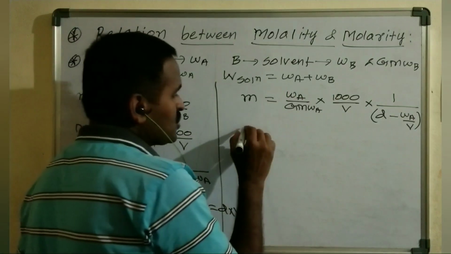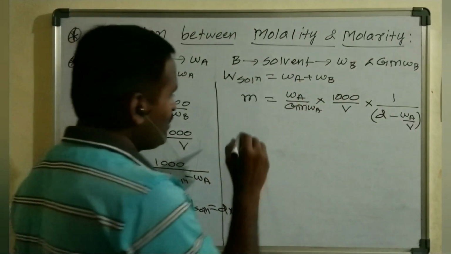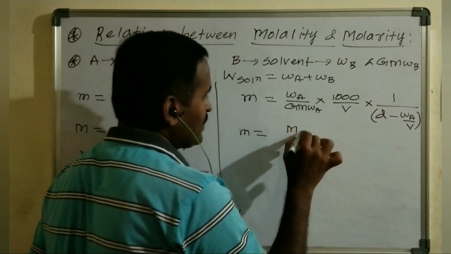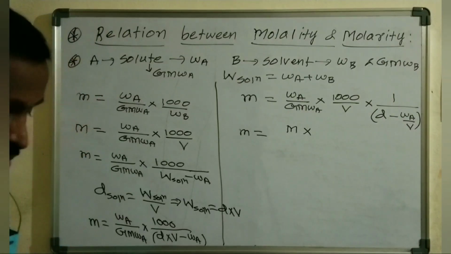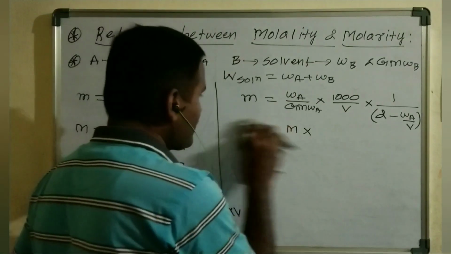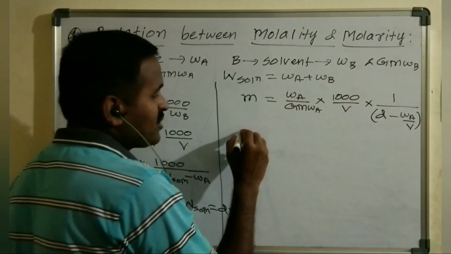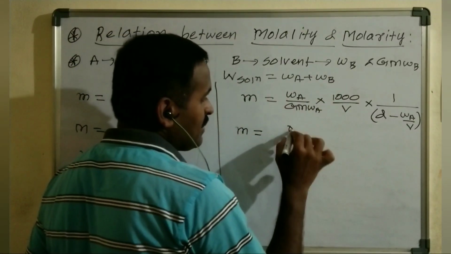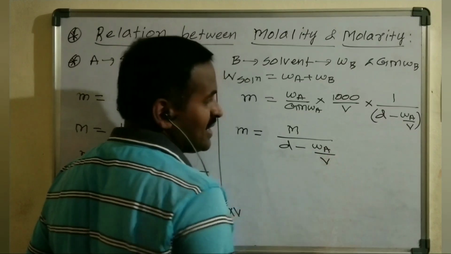So as per the basic definition of molarity, this whole term is equal to capital M. The molality is equal to capital M divided by D minus the weight of solute divided by the volume of the solution.